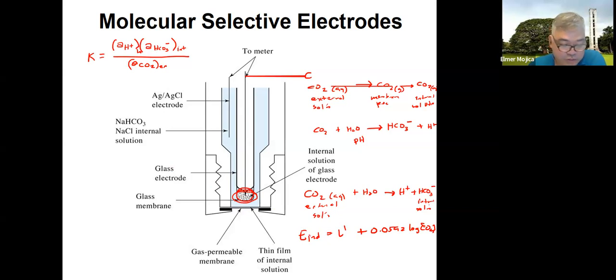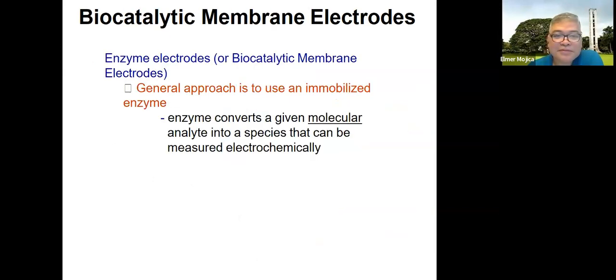So this is just one example of a molecular selective electrode. Now the other one, usually they contain what? A biocatalytic membrane. Whenever we say biocatalytic membrane, that is enzyme.